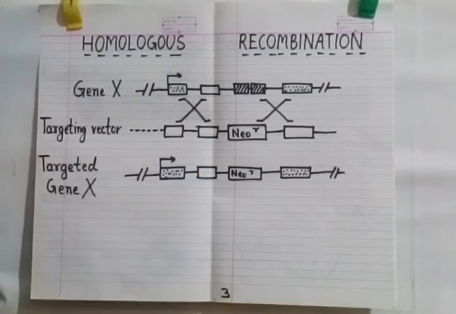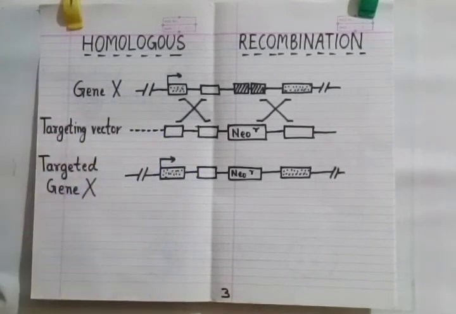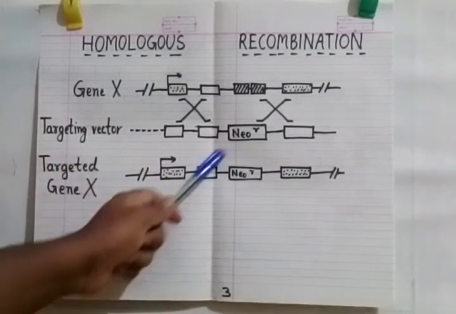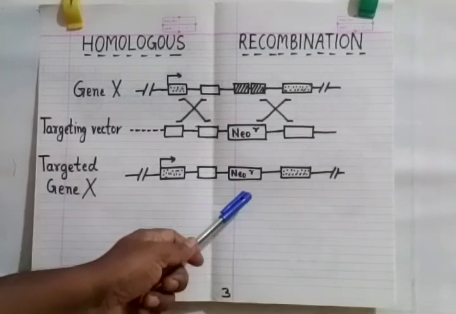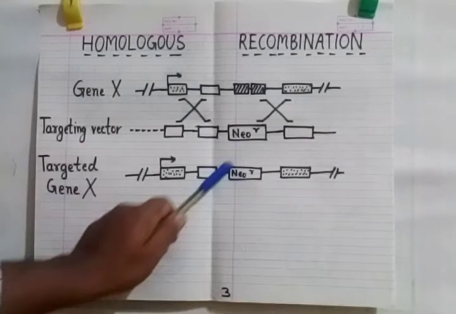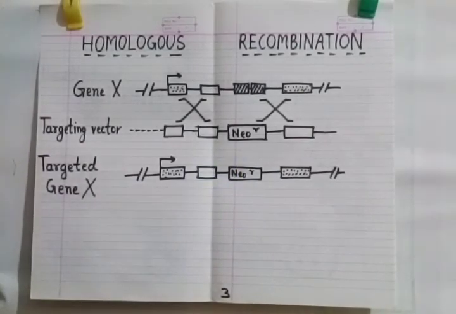To check whether the successful recombination has occurred or not. If it has occurred, then the neomycin resistance gene will be expressed, and the resulting organism will be resistant to the neomycin antibiotic in the Petri plate. So this portion of the gene works like a selectable marker.